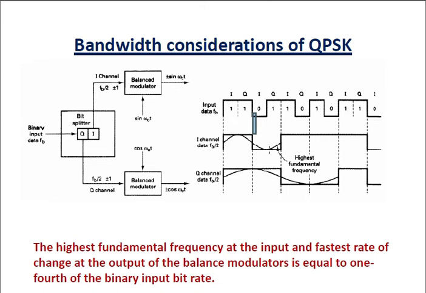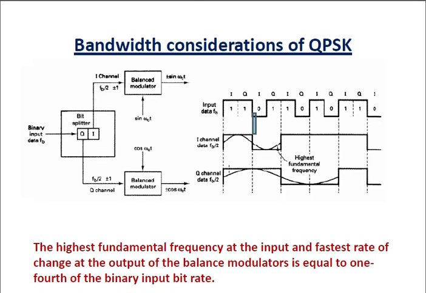When the data alternates like this, 1, 0, 1, 0, that is the highest fundamental frequency. From that highest fundamental frequency, the output of the I channel remains high. In the case of the Q channel, it is the same.